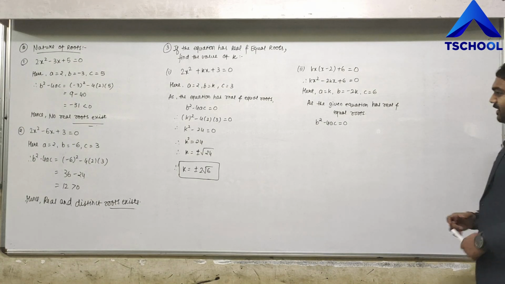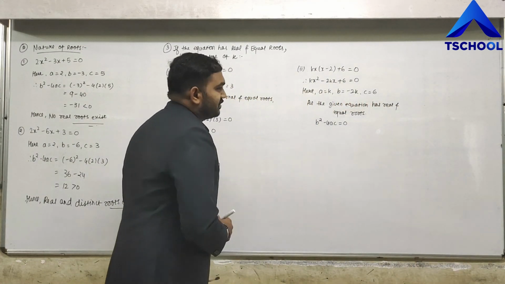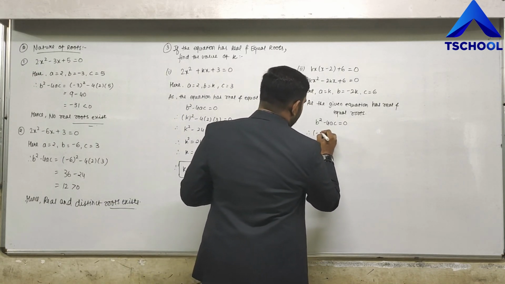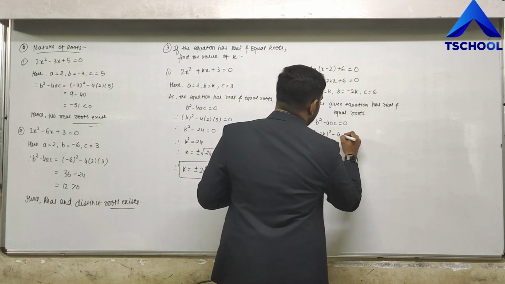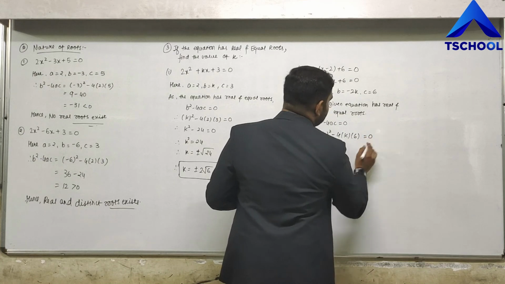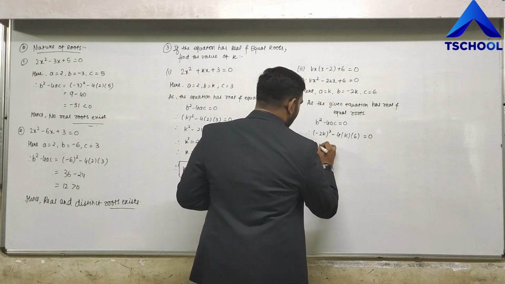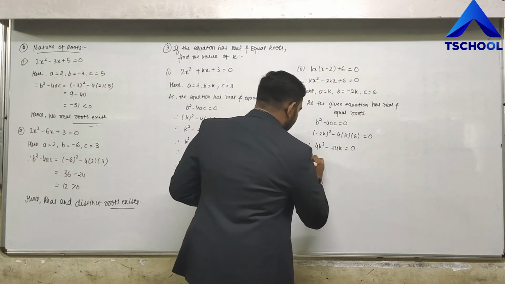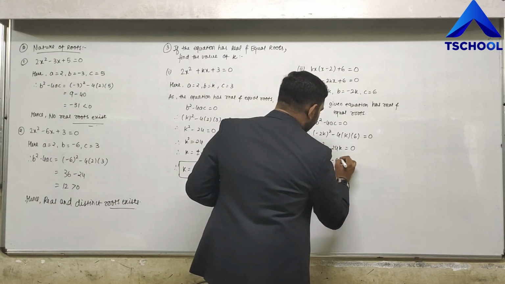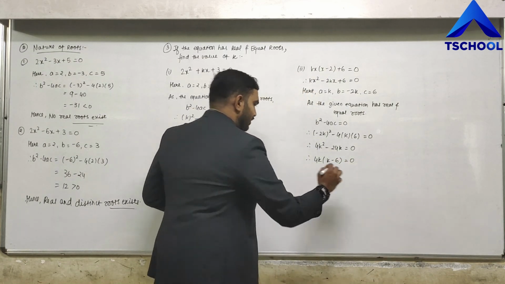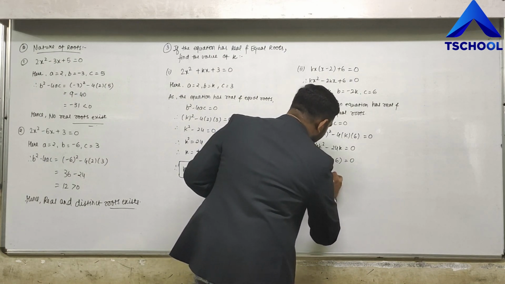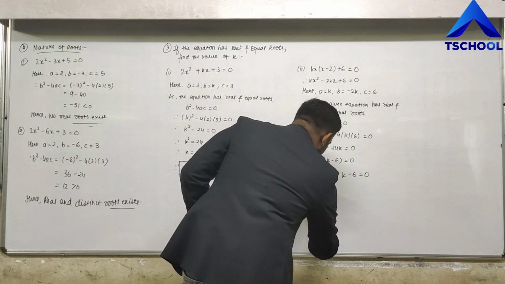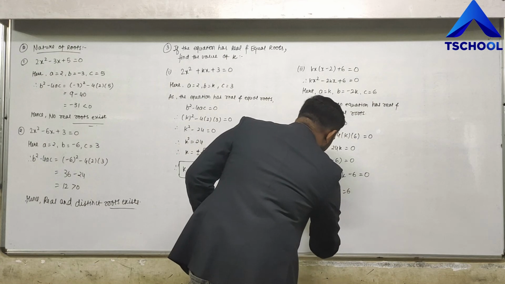That means (−2k)² − 4 × k × 6 is equal to 0. Therefore 4k² − 24k is equal to 0. Therefore you can take out 4k common: 4k(k − 6) = 0. That means either 4k is equal to 0 or k − 6 is equal to 0. That means either k is equal to 0 or k is equal to 6.